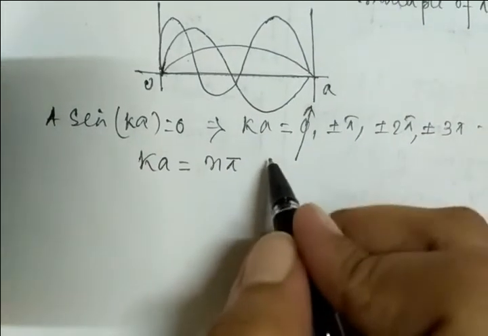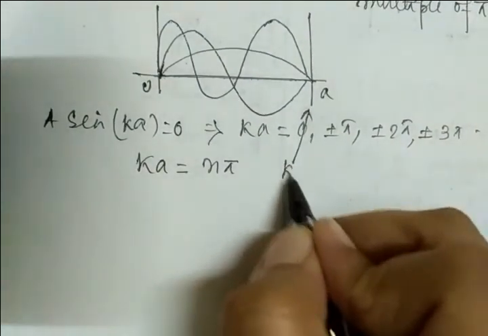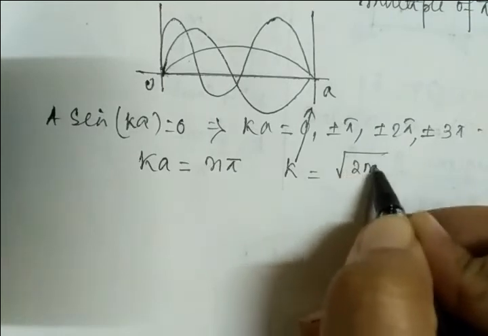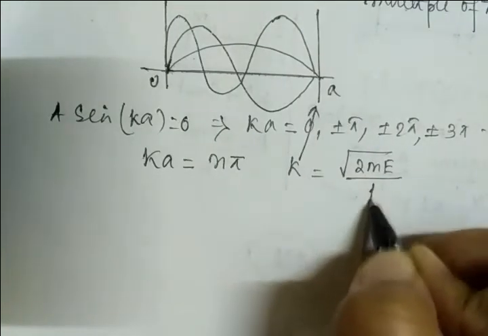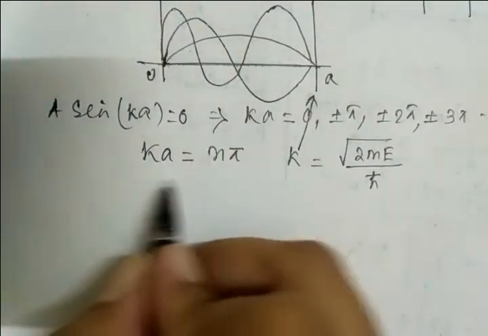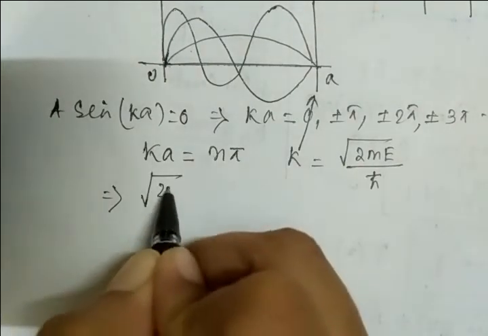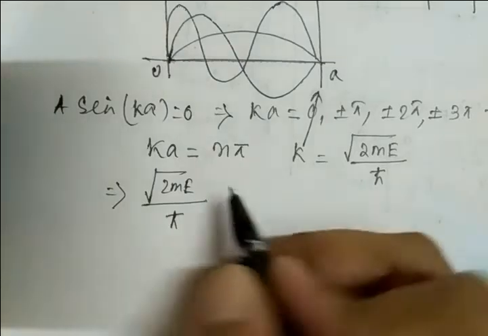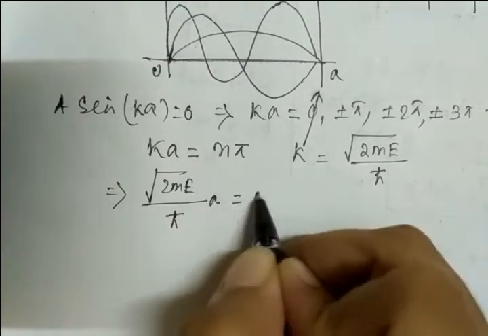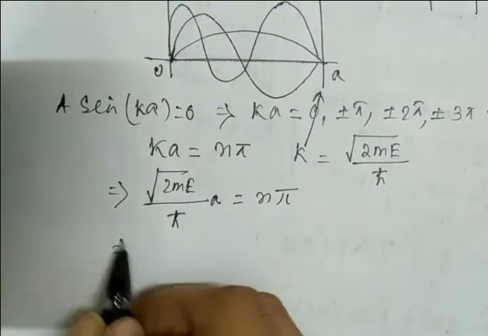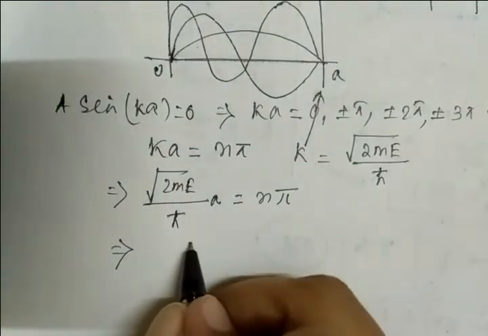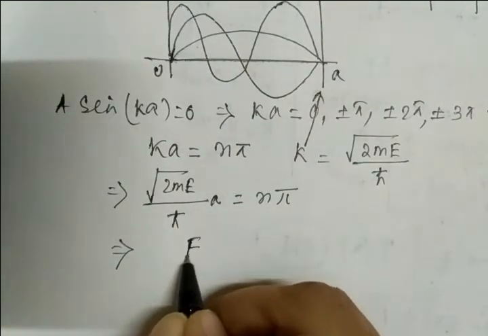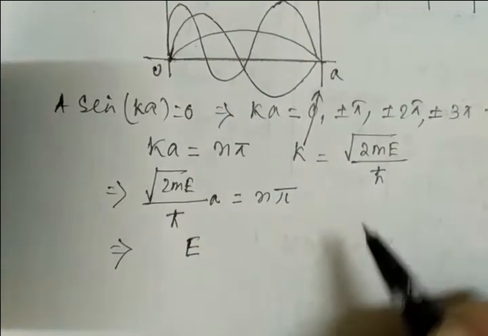And we already know from the concept of the Schrodinger equation, that K equal to root over of 2mE divided by h cut. Okay, so just apply this, root 2mE by h cut into a, that is equal to n pi. And if we solve this, we will obtain the value of the energy, because see, all are constant.